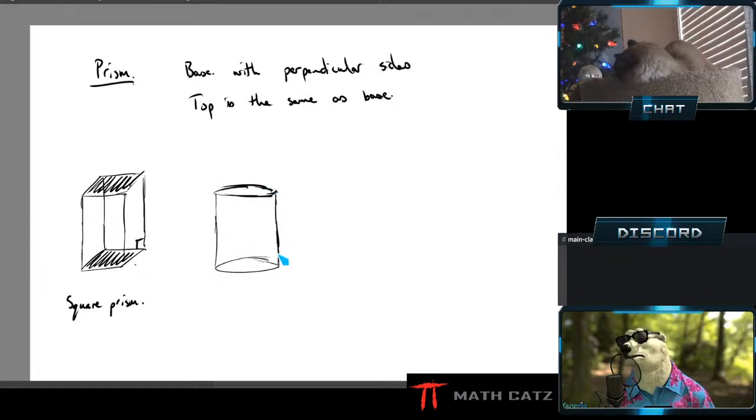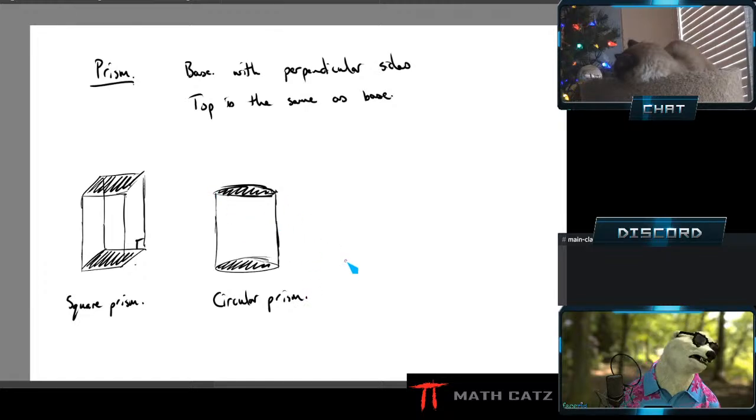I like freehanding it sometimes just for practice. Circle base, circle base. This can be called a circular prism, or more casually, a cylinder, right? Cylindrical can, you see it in stores, you see shoe boxes. These shapes are pretty common, and that's why they are included in the elementary school curriculum.